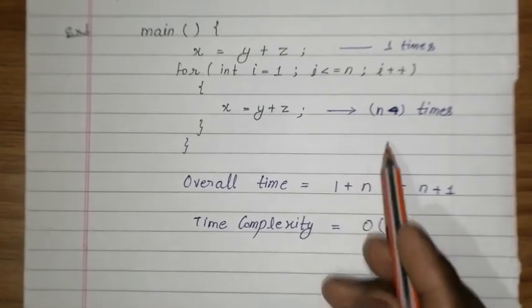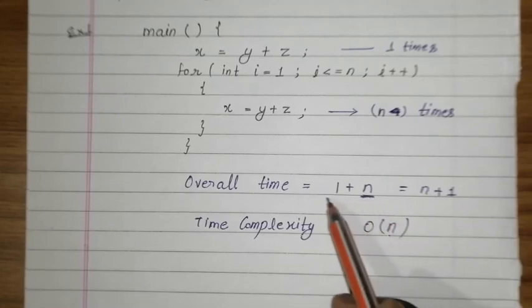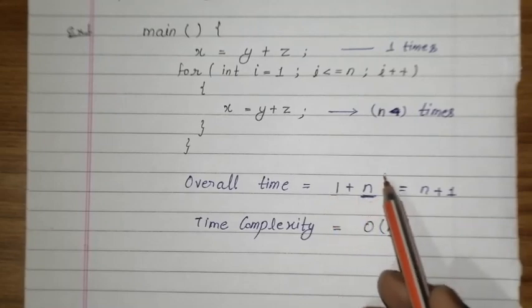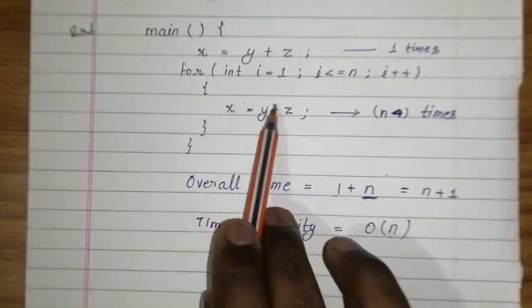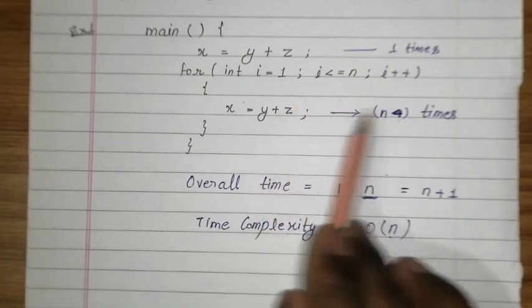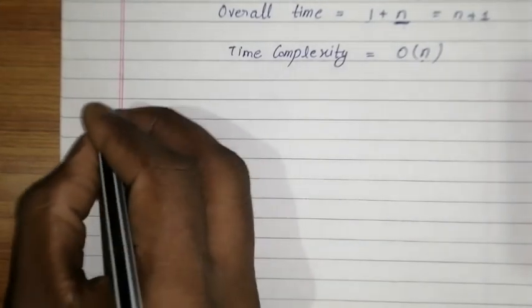Why big O of n? Because n is greater here, 1 is small, so take the greater one, because the CPU spends more time in the for loop, so you take the maximum time. Now we will see the next example, okay.